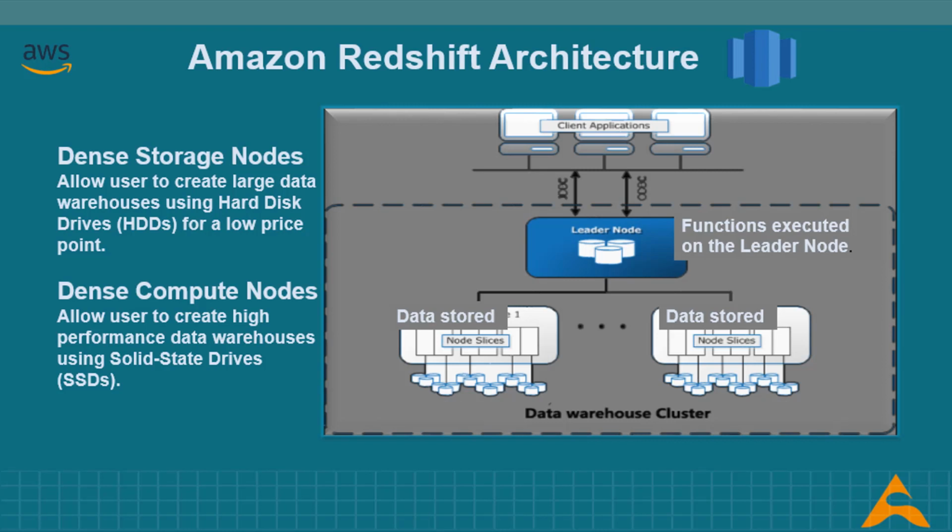Once assigned query load, slices work in parallel to generate the query result. Further, data is distributed among the slices on the basis of the distribution style and distribution key of a particular table. An even distribution of data enables Redshift to assign workload evenly to slices and maximizes the benefit of parallel processing. The number of slices per compute node is decided on the basis of the type of node.